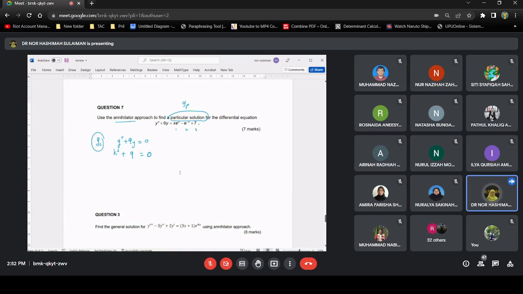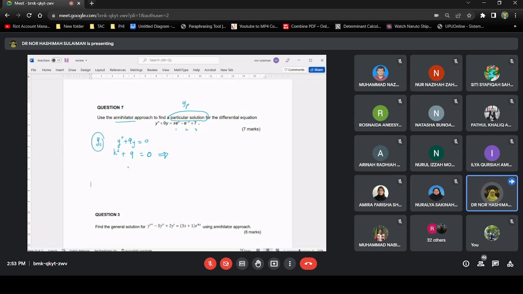Maknanya dalam exam nanti pastikan kalau Y sahaja, maksudnya Y tak ada prime, maknanya 9 tak ada K. Sebab ini kesilapan yang biasa. Salah, solution dah salah, berapa markah kena tolak.